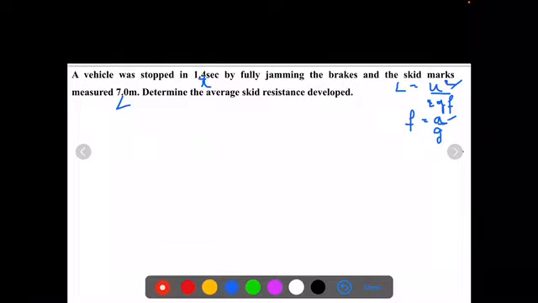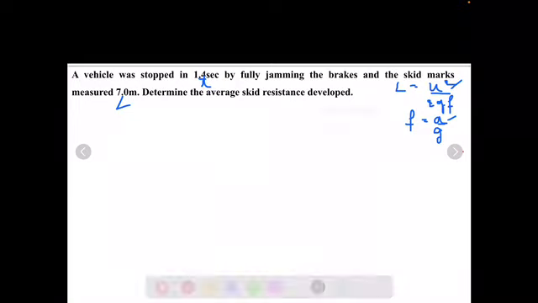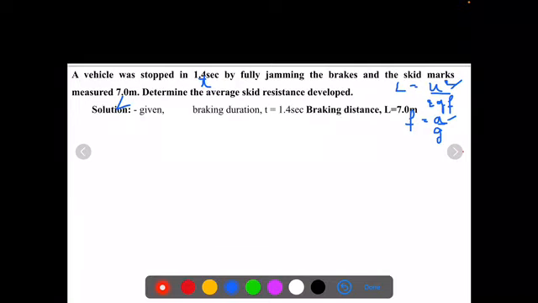There are two relationships which give the relationship between the speed, acceleration, and the time that is given to us. First, write down the data that is given. Braking duration is 1.4 seconds. Braking distance L is equal to 7 meters.